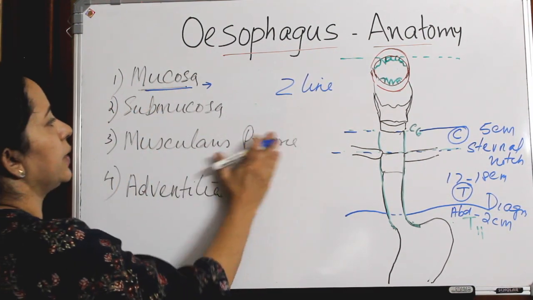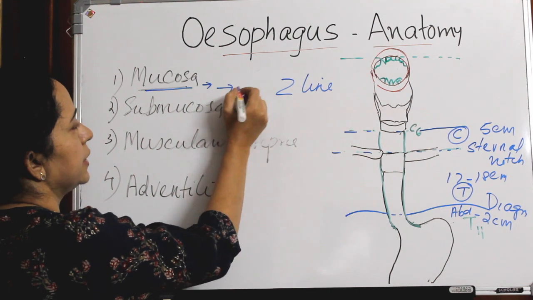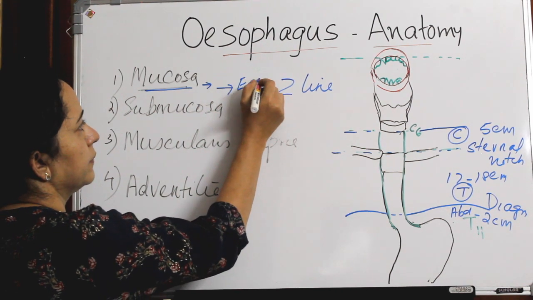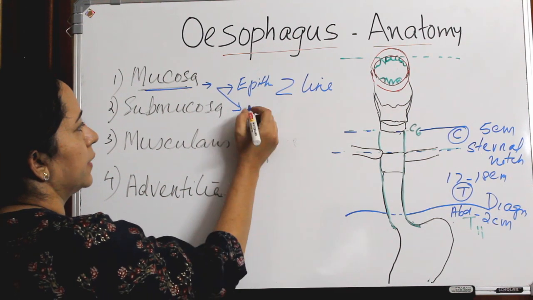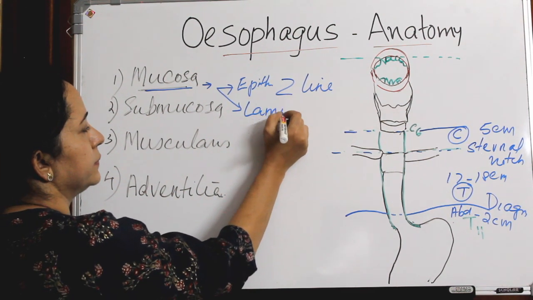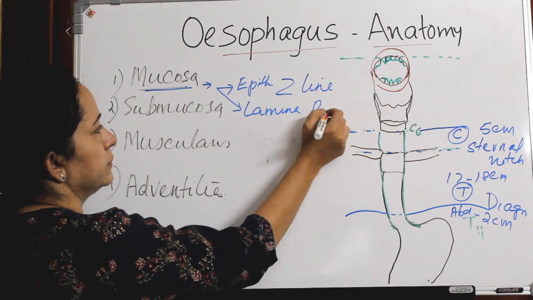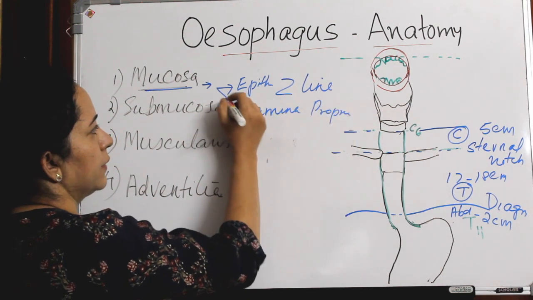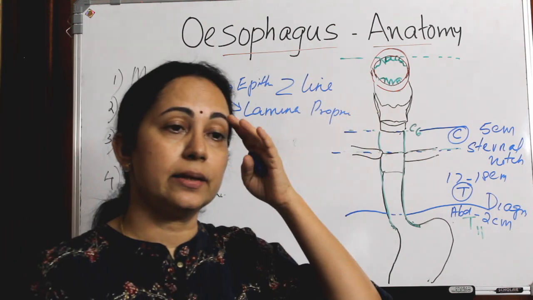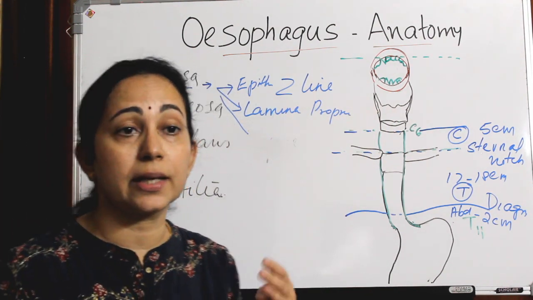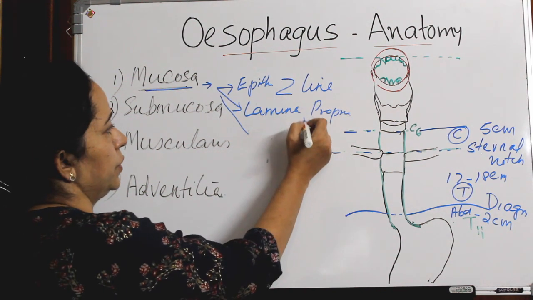So we can divide the mucosa into, first, the epithelium, then the lamina propria, and this lamina propria contains loose connective tissue, mainly elastic fibers, and gut associated lymphatic tissue.